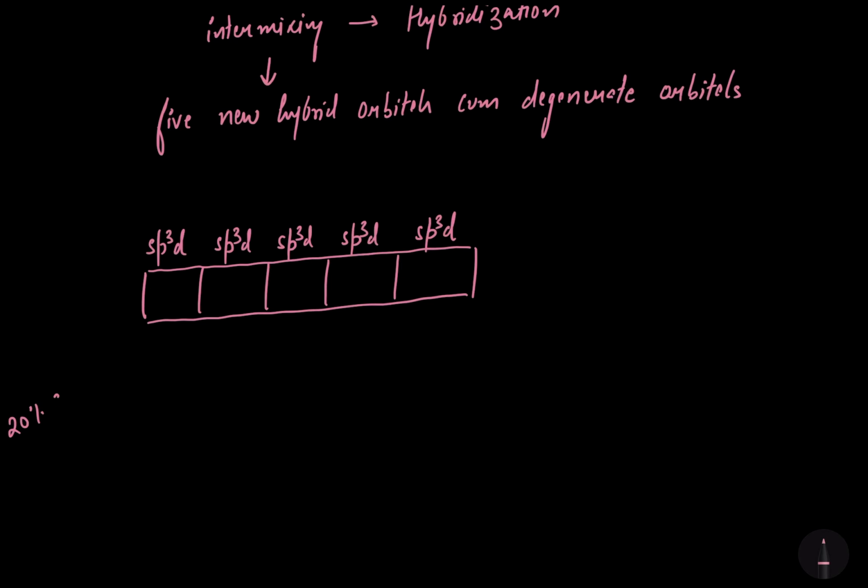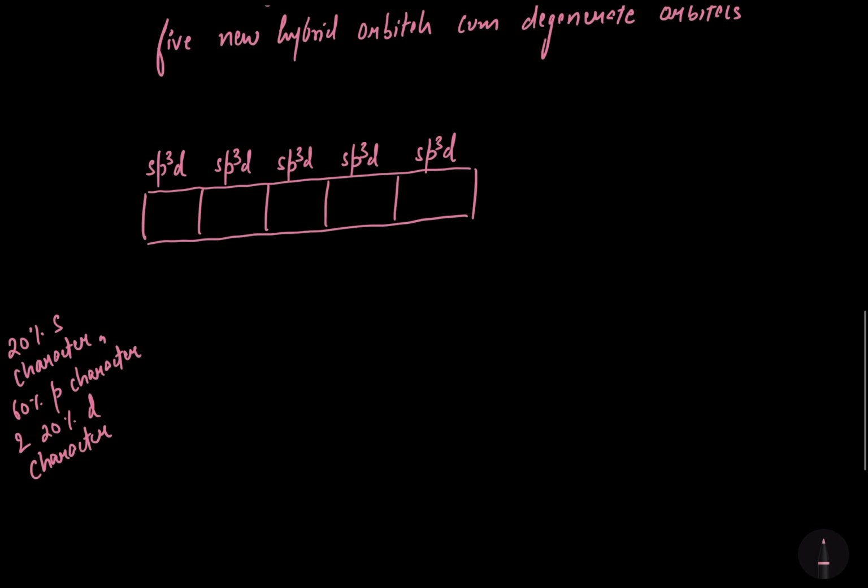So here we are having 20% s character, 60% p character, and 20% d character per hybrid orbital.